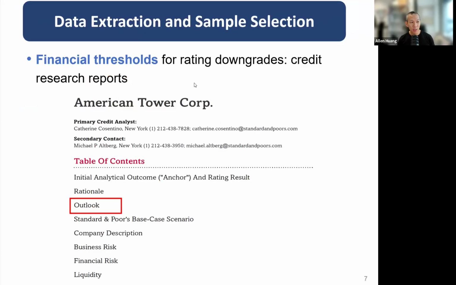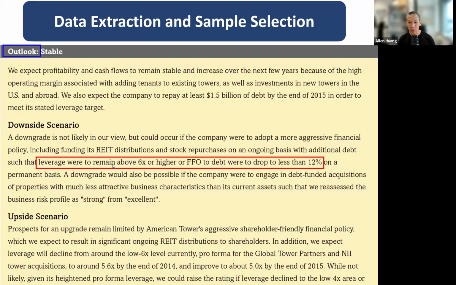For our study, we extract the reports from S&P, and then we try to extract the rating downgrade thresholds from the text or in the Outlook section. Specifically, in this report, the ratio threshold is that leverage were to remain above 6 times or higher, or FFO to debt were to drop to below 12% on a permanent basis.